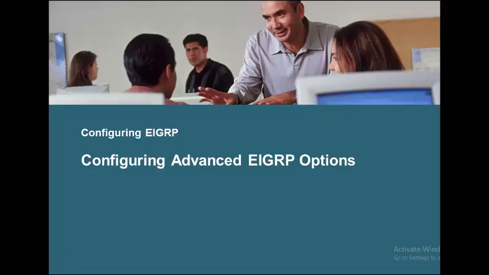BGP never follows metric. BGP doesn't use bandwidth or delay or any other silly things like MTU. BGP is policy based. So BGP will not do load sharing. There is no concept of equal cost because cost is not the metric of BGP.